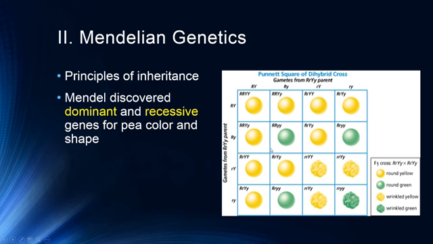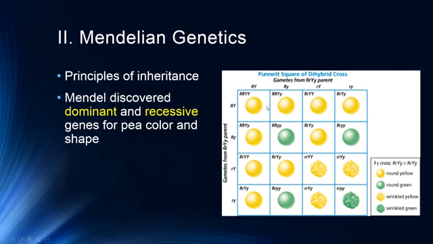So you can see we have parent 1 that is homozygous for both the dominant round and dominant yellow gene. So all of their offspring together will be round and yellow. Now if the dominant round and dominant yellow mates with any other combination of heterozygous pea plants, their dominant genes will always express.